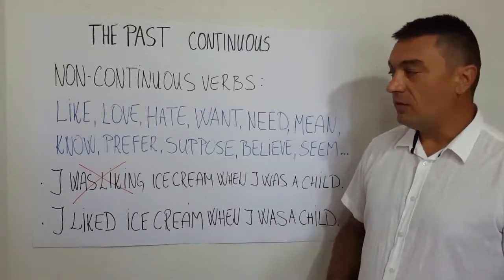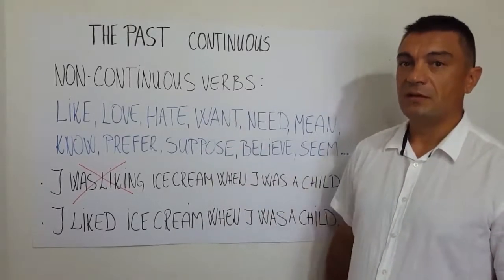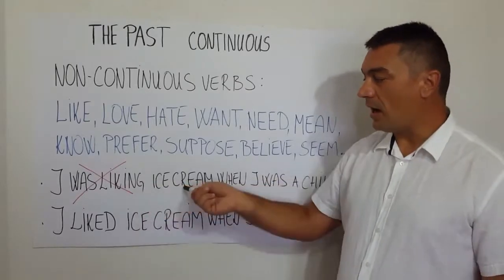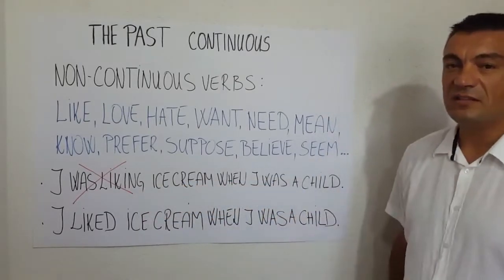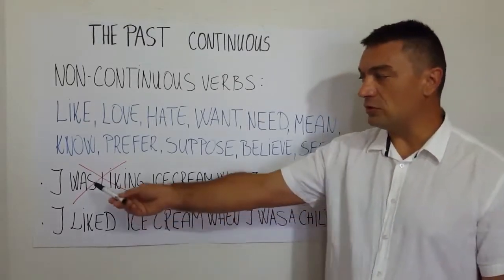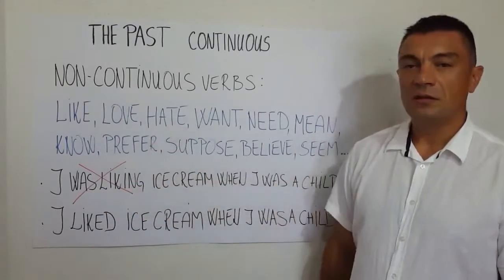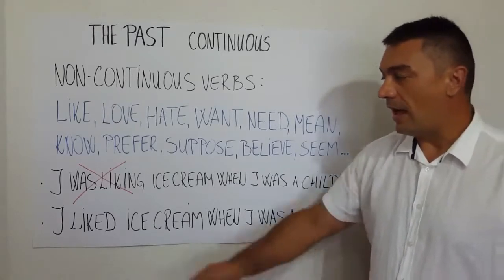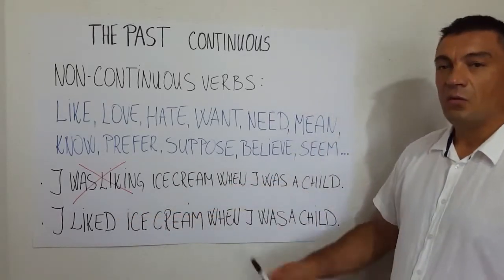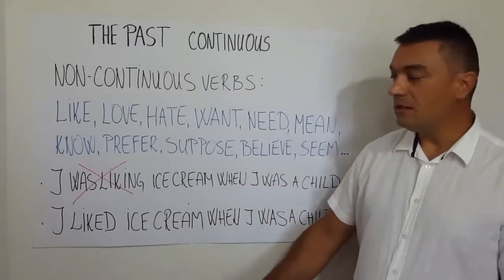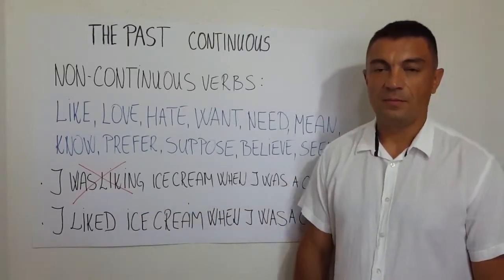So please be careful when you use these verbs. If I say, I was liking ice cream when I was a child, it's not correct. We cannot use past continuous with verb like. The correct form would be, I liked ice cream when I was a child. We need past simple tense.